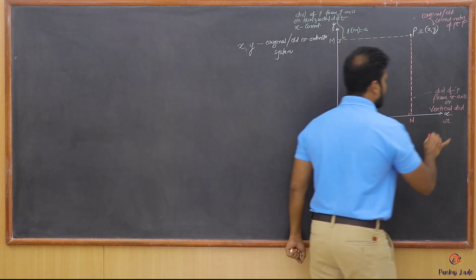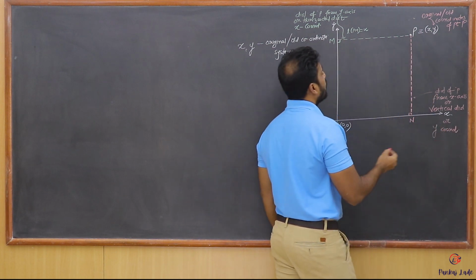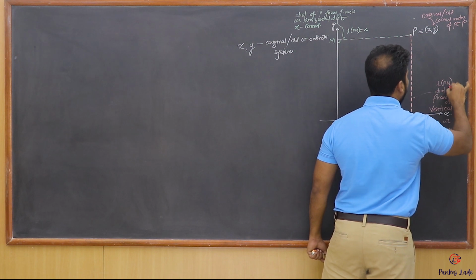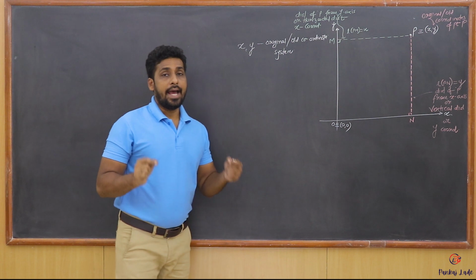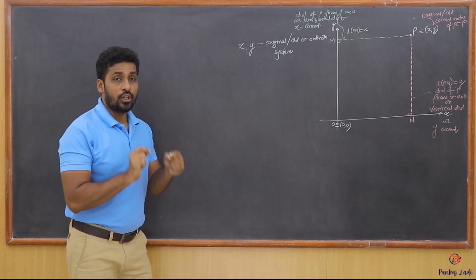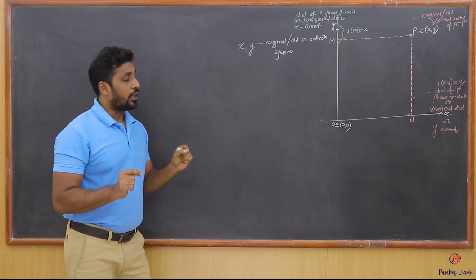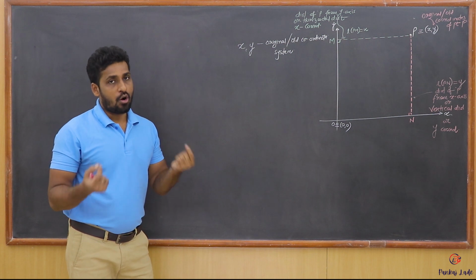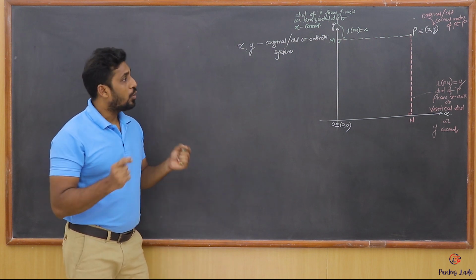Getting or not? So this is the y-coordinate, isn't it? So I can say that the length of PN is going to be y. So here I have shown the horizontal and the vertical distance of the point P with respect to the y and the x-axis. The distance from the y-axis will be called the x-coordinate, and the distance from the x-axis will be called the y-coordinate.